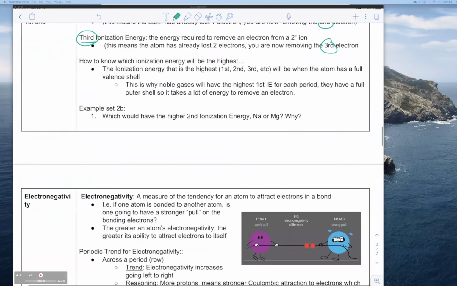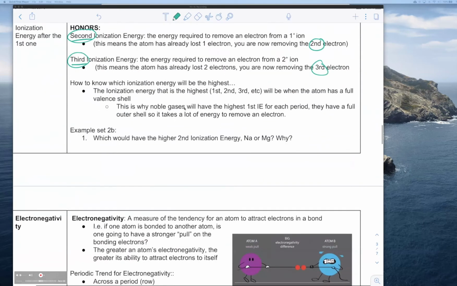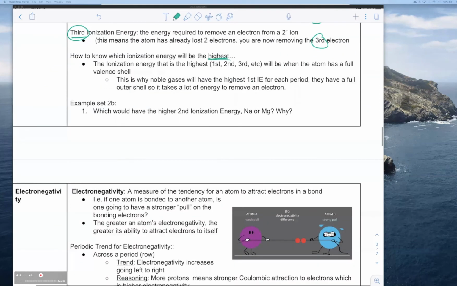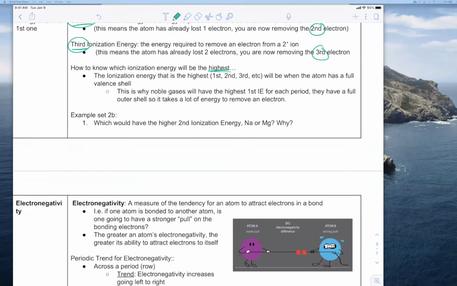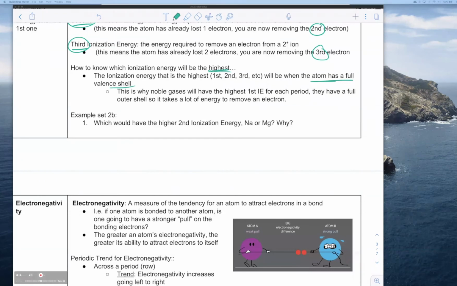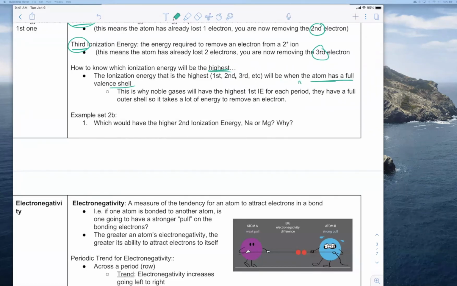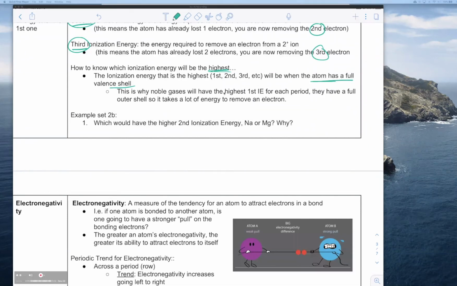So how can you know which ionization energy will be the highest? Because it's going to differ. So the ionization energy that is the highest is when the electron that you're pulling is from a full shell. So again, the ionization energy that is the highest will be when the electron you're pulling is from an atom with a full shell.